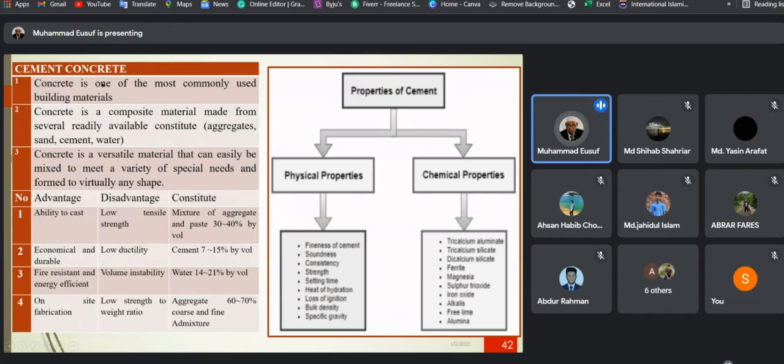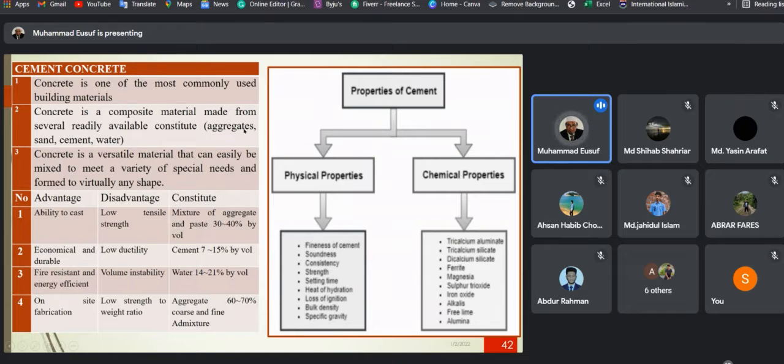Okay, cement concrete. Concrete is one of the most commonly used building materials. Concrete is a composite material made from several readily available constituents: aggregates, sand, cement, and water. These three elements are very important for the mixture of concrete.